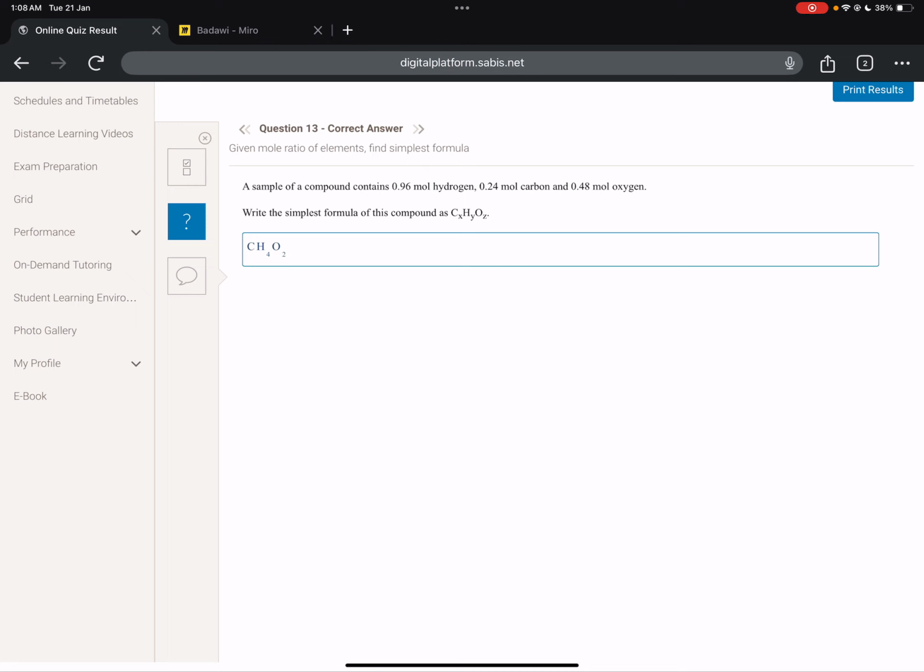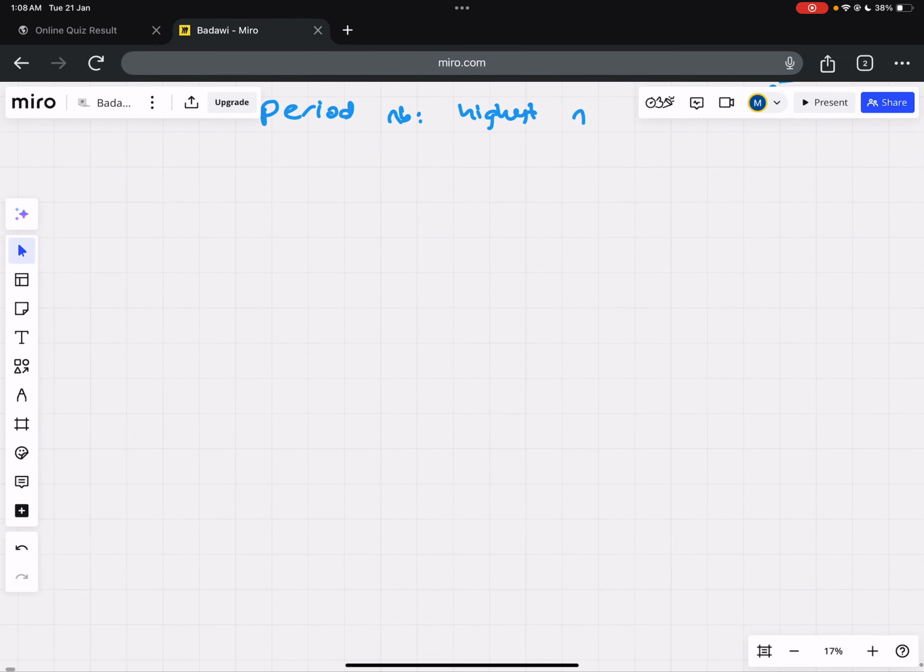Okay, this is also easy. So let's put the ratios we have. 0.96 mole hydrogen, 0.24 mole for carbon, and 0.48 for oxygen. Remember when we divided in the question for the empirical formula, we divided by the smallest ratio, which was 6.25. Here we're going to do the same thing.